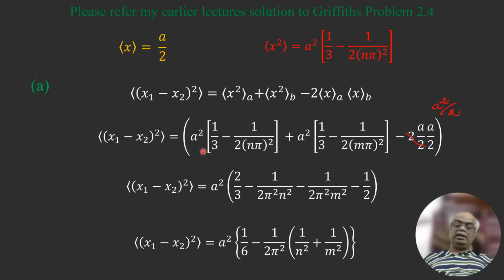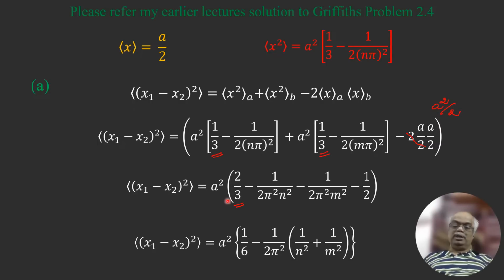Now you can take a squared outside as common. Then here you have 1 by 3, and another 1 by 3, which will become 2 by 3. The next terms are minus 1 over 2 pi squared n squared, and minus 1 over 2 pi squared m squared. Of course, we also have this 1 over 2 here, because we have taken a squared as common.